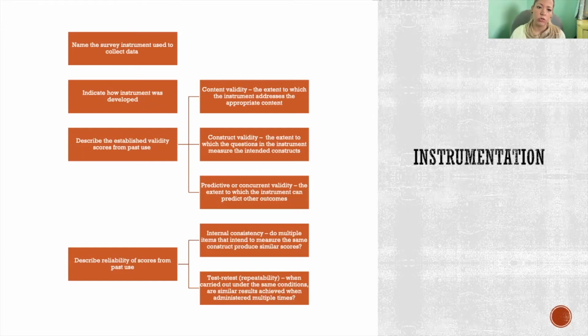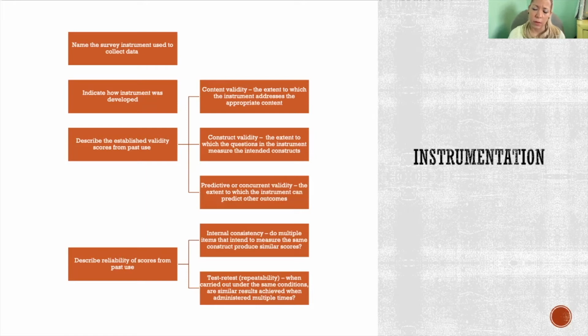So always go to the original author and ask for permission. Generally, most authors will give permission with the stipulation that you give them credit in your manuscript and your proposal, that you say, here's this instrument and here's who developed it. But you might need permission.